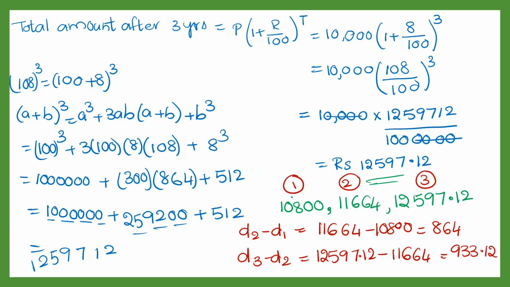If you observe, the differences are not the same. That means this list is not in arithmetic progression. So the given situation does not help us form an arithmetic progression.